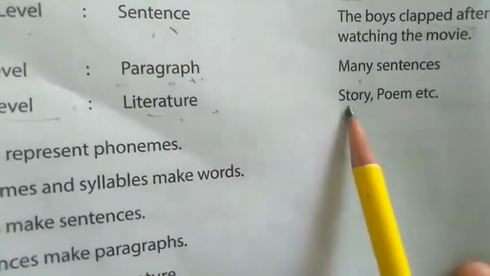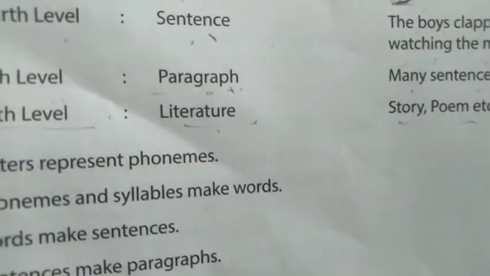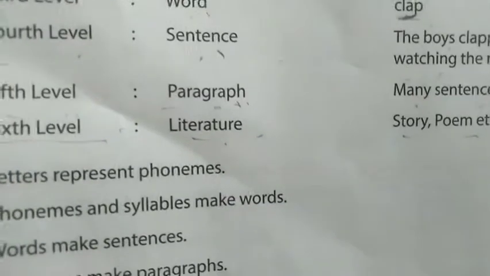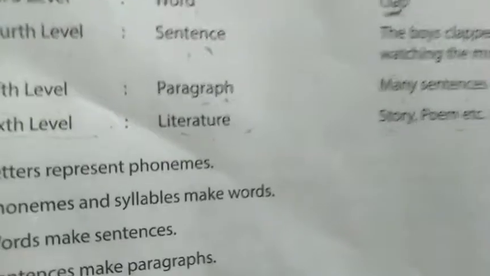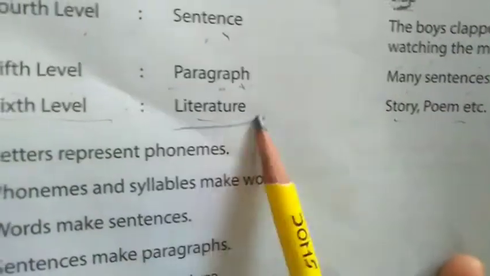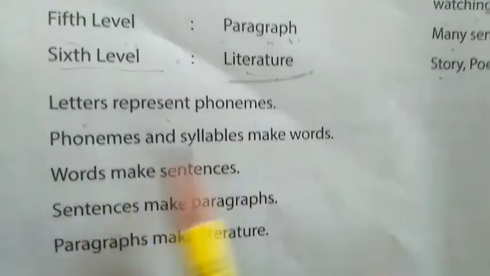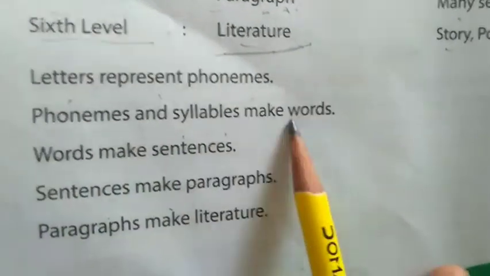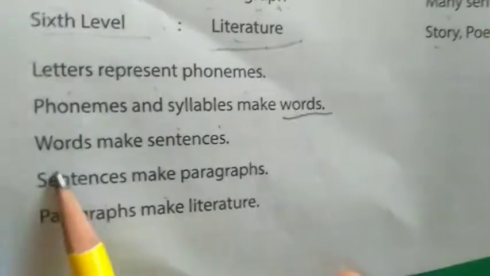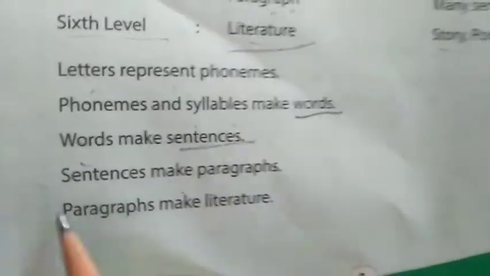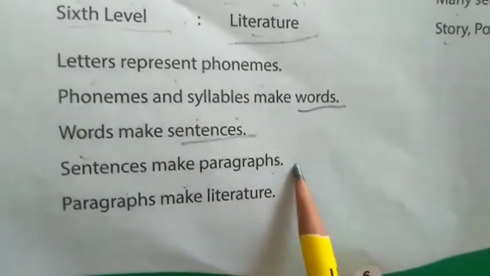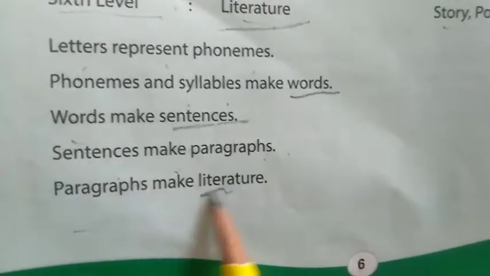Literature consists of stories, poems, whatever text we see around written from the different areas, that is called as literature. Okay. Now see here, letters represent phonemes. Phonemes and syllables help us to make words. Then words make sentences, and sentences make paragraphs, and paragraphs make literature.